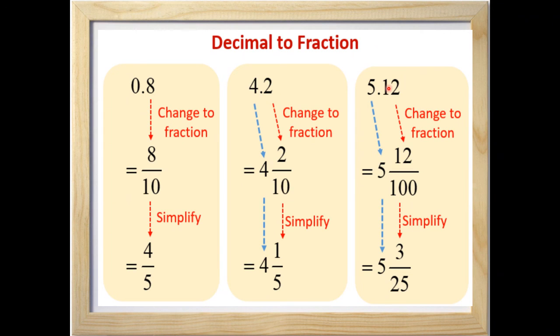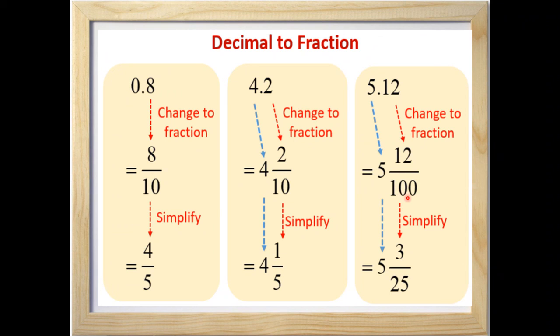Now let us take the third example, 5.12. Now 5 is the whole number part, so it will remain just like that, and in 12 there are two decimal places. So now this 12 will become the numerator, and since there are two decimal places, the denominator will be 100.